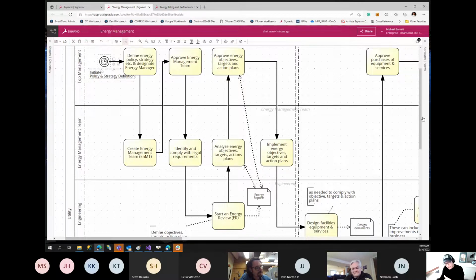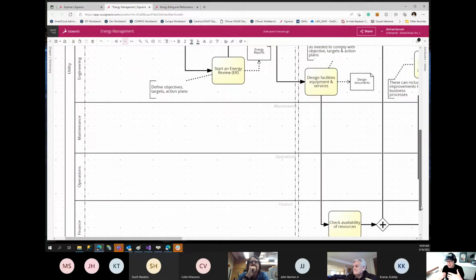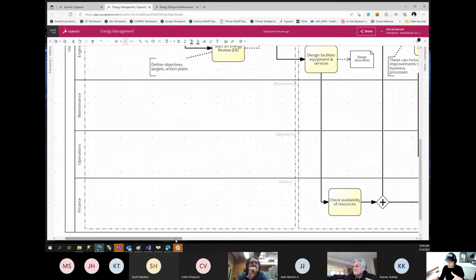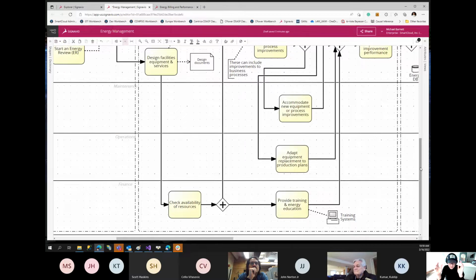And then later on in the cycle, there was this thing about training, and maybe I just missed it because there's a lot in here. One of the big things that jumped out at us when we took a look at this is this concept of standardization and developing the standards.